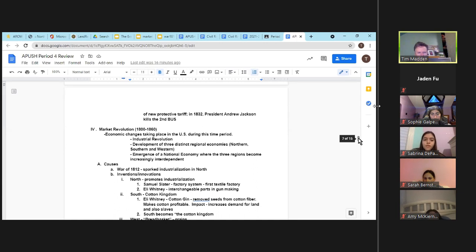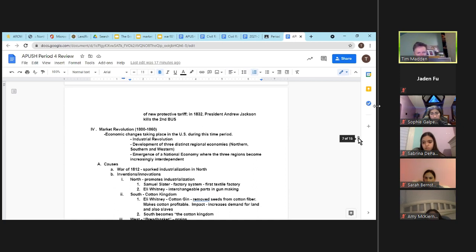So cotton growing becomes very important in the South, and in the West, it becomes mostly the breadbasket, the grain growing region. Okay, but with those three distinct regions, the reason why we call it the market revolution is they became markets for each other's goods, right? They became integrated.